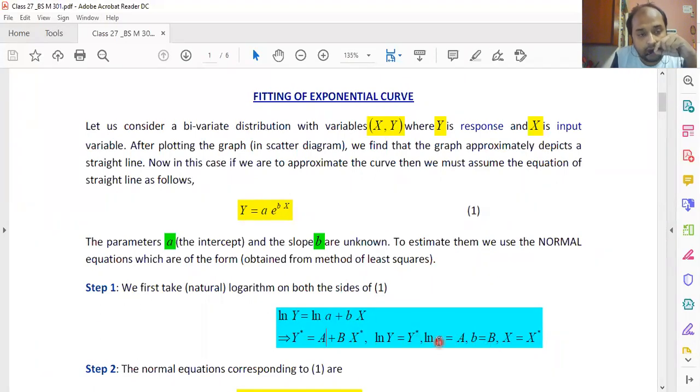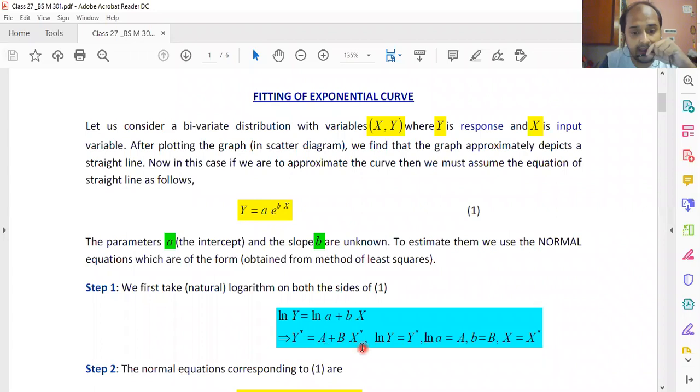But the natural logarithm of small a is equal to capital A. This is my renaming, and the natural logarithm of capital Y is your new variable y star. So ultimately, after doing this, we get a linear equation in terms of the variables x star and y star, as y star equal to A plus B x star.